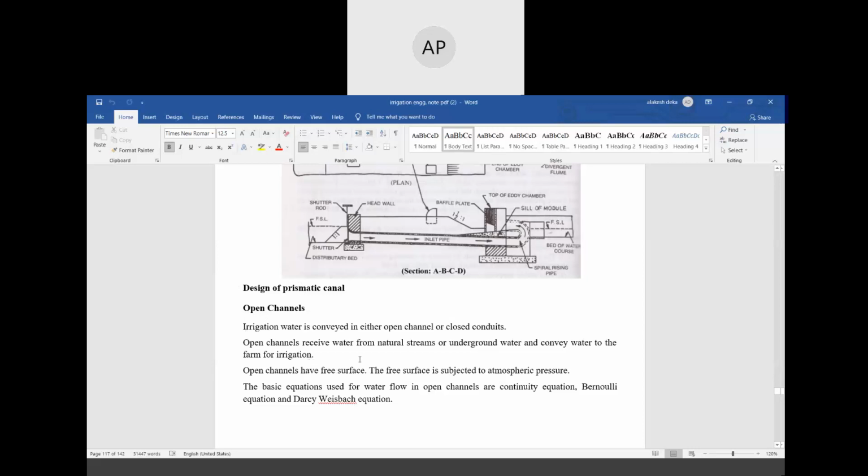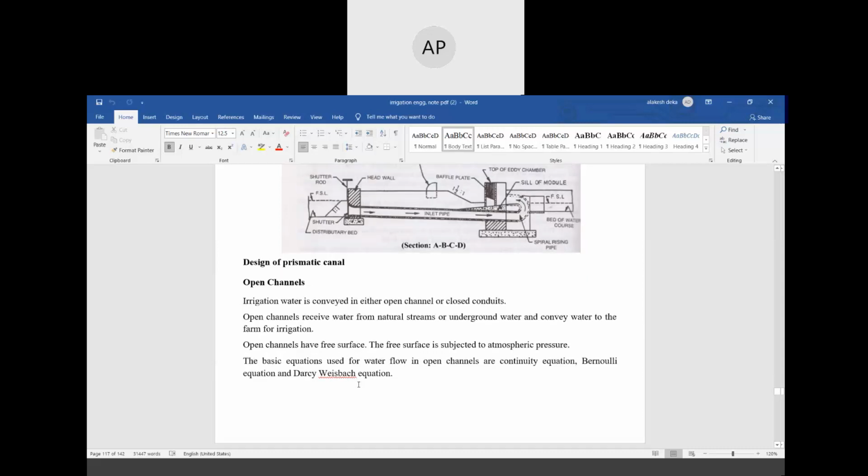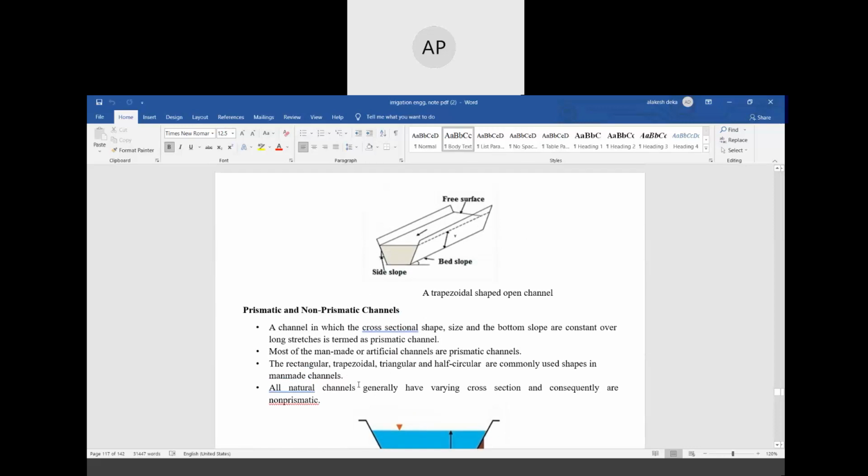Irrigation water is conveyed in either open channels or closed conduits. Open channels receive water from natural streams and convey water to the farm for irrigation. Open channels have a free surface, and the free surface is subjected to atmospheric pressure. The basic equations used for water flow in open channels are the continuity equation, Bernoulli's equation, and Darcy-Weisbach equation. These things you already know about open channels, isn't it?